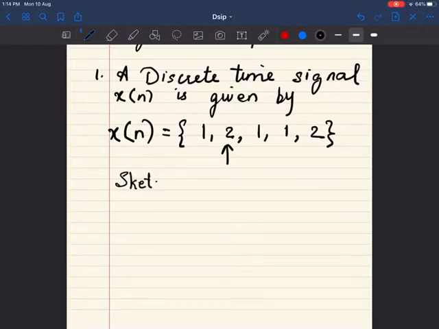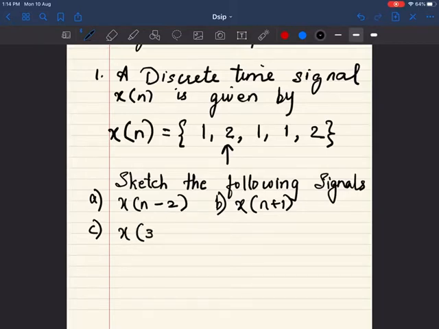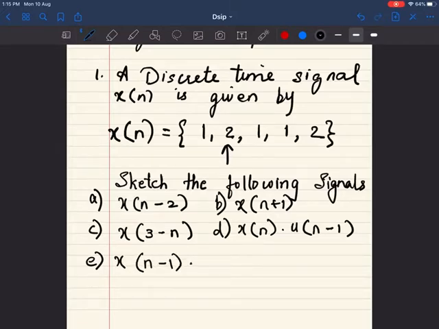Sketch the following signals: x of n minus 2, x of n plus 1, x of 3 minus n, x of n into u of n minus 1, x of n minus 1 into delta of n minus 1.